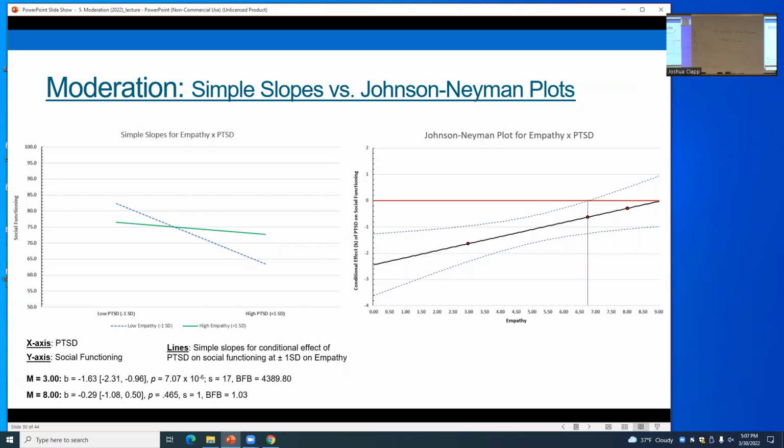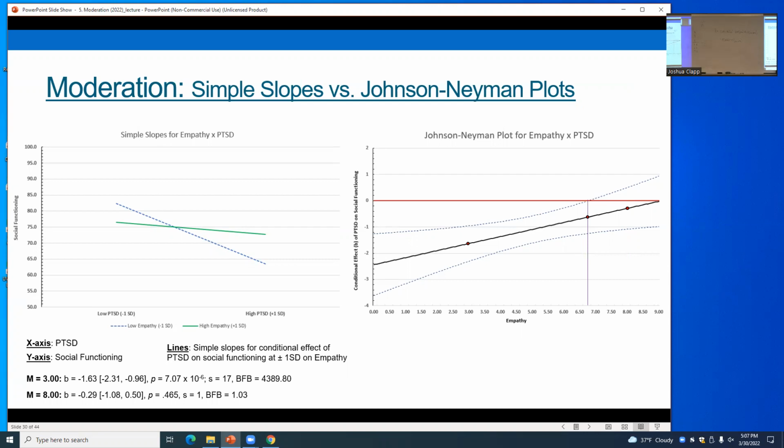So we can say, as opposed to this, that if we look specifically at a standard deviation below empathy, PTSD has a negative association with social functioning. At a standard deviation above empathy, PTSD doesn't have a relation, but we don't know what's going on in between.